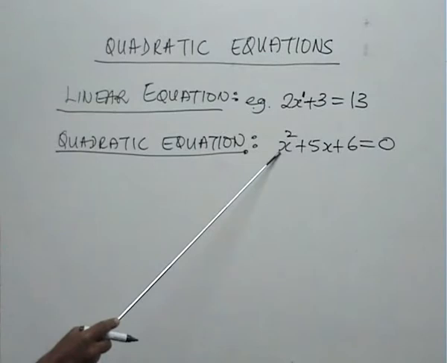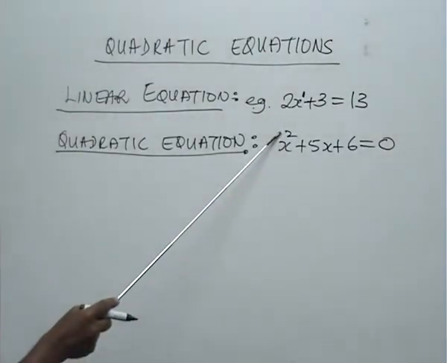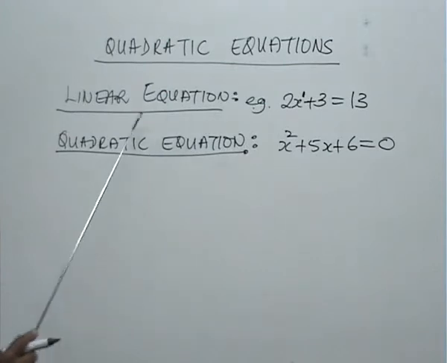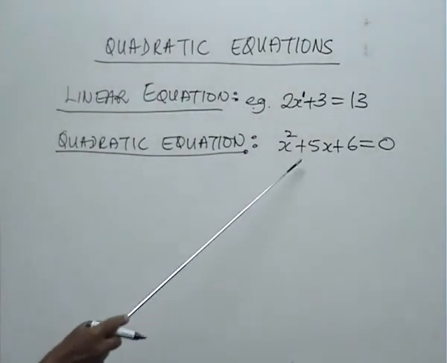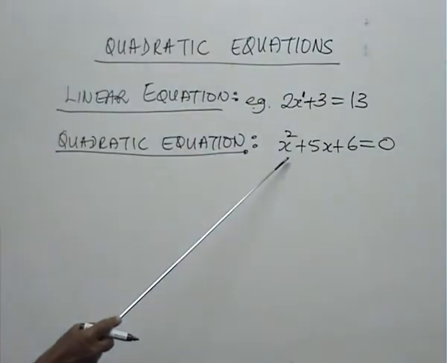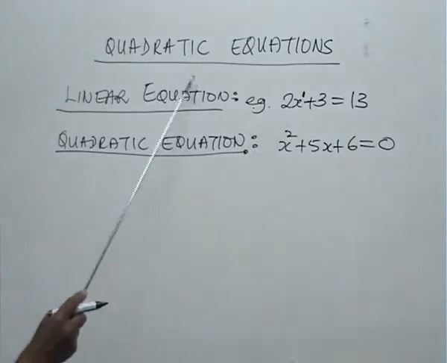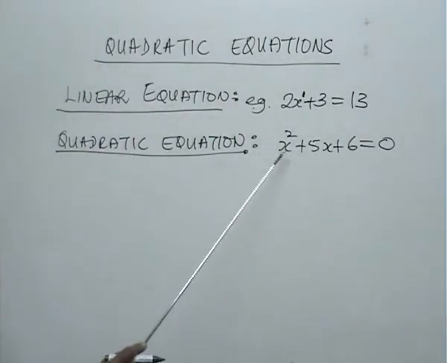As long as the powers have 2, sometimes even 3, you'll see an example later on, but generally if the power is 2, then it's a quadratic equation. Now remember, for you to test or to classify them, there must be no fractions in it. So you can see clearly, this is a linear equation, this is a quadratic equation. So a quadratic equation will have an x squared in it.